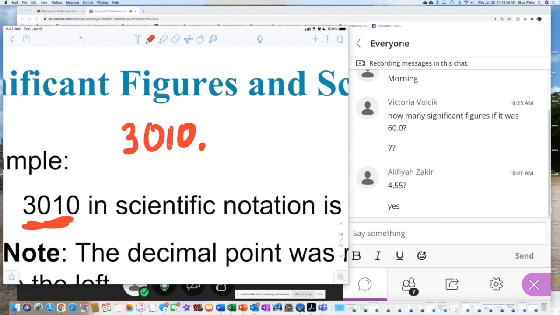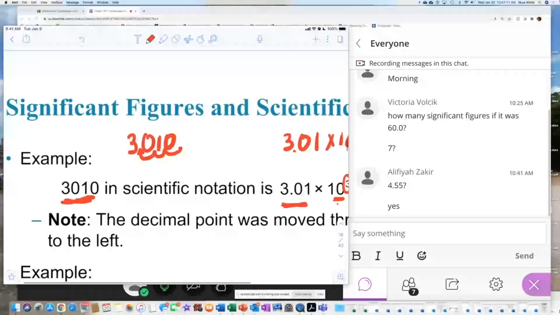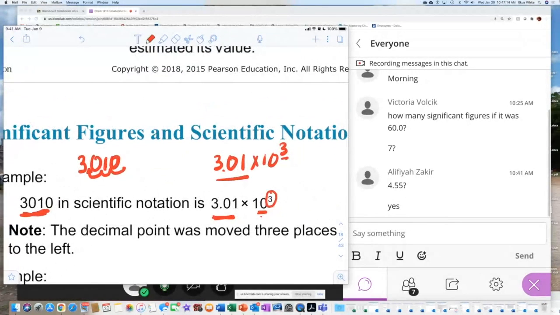Place it to the right and then move the decimal to the left so that you end up with one non-zero number on the left. So I have to move this decimal 3 spots. 1, 2, 3. Make sure you have one non-zero number to the left because your base number here can be 1, but it has to be between 1 and 10. It can be equal to 1 or greater than 1, and it has to be less than 10.